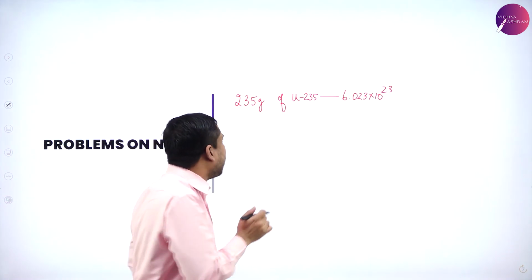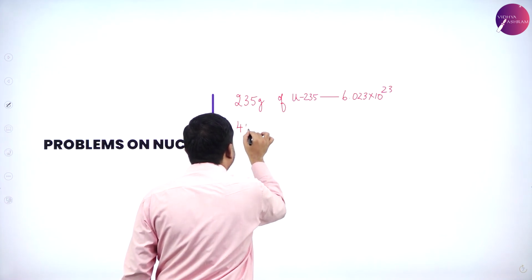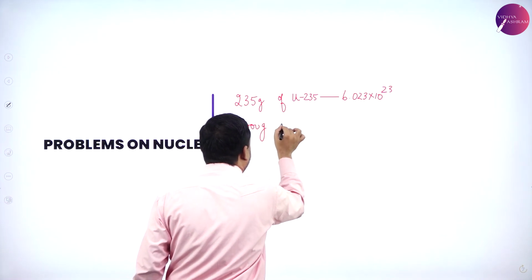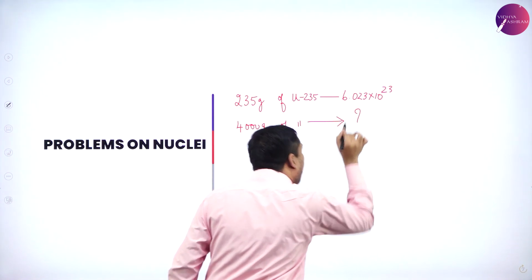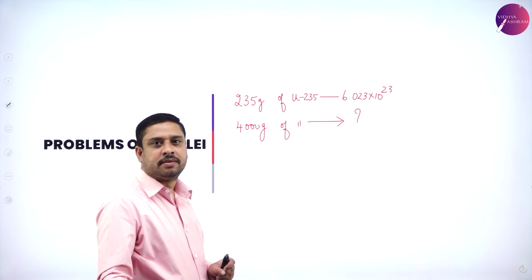It is 4 kgs, or I say 4,000 gram of uranium has how many atoms?